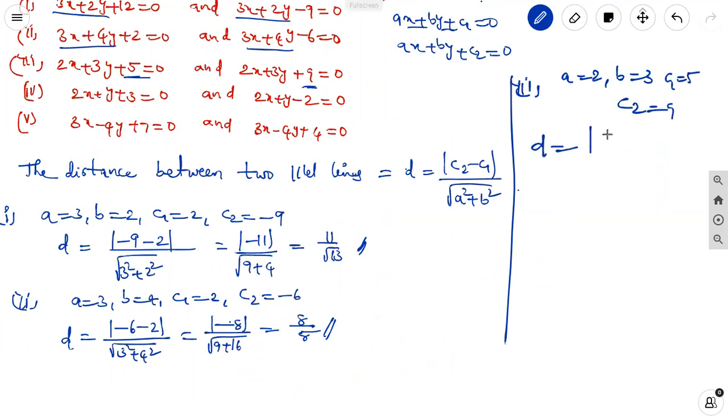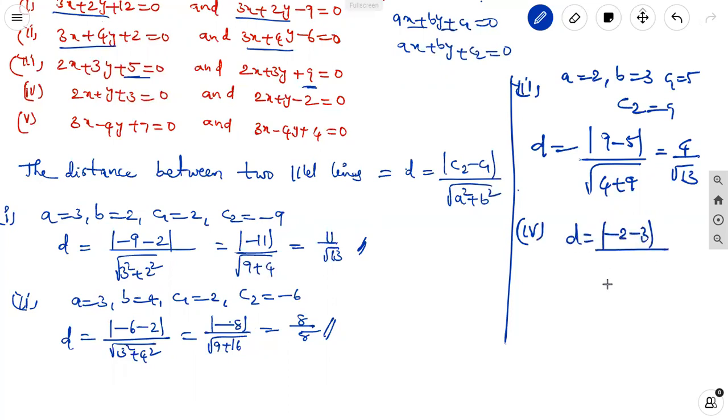So d equal to modulus of 9 minus 5 by under root of 4 plus 9 equal to 4 by root 13. Fourth one, d equal to minus 2 minus 3 by under root of 2 square plus 1 square equal to 5 by root 5. That is d equal to root 5.